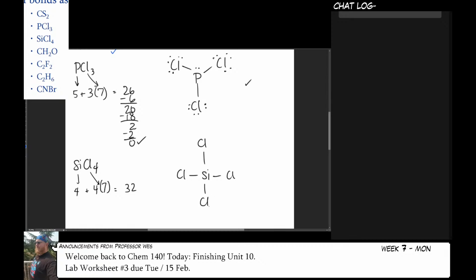So we'll make our framework. 4 bonds is 8 electrons, so I have 24 electrons left to play with. 2, 4, 6, 8, 10, 12, 14, 16, 18, 20, 22, 24. And I've run out of electrons, but everything has an octet, so I will just stop right there, and there's my structure. And it looks like that.